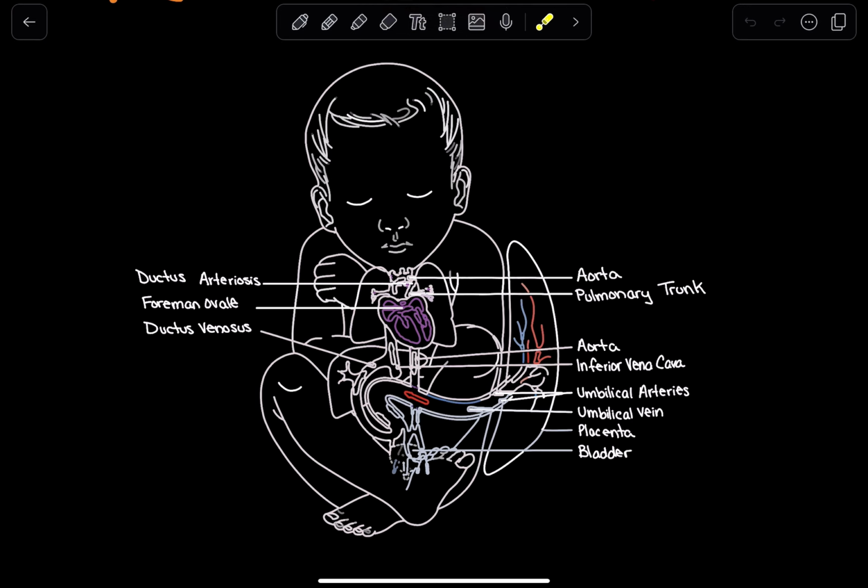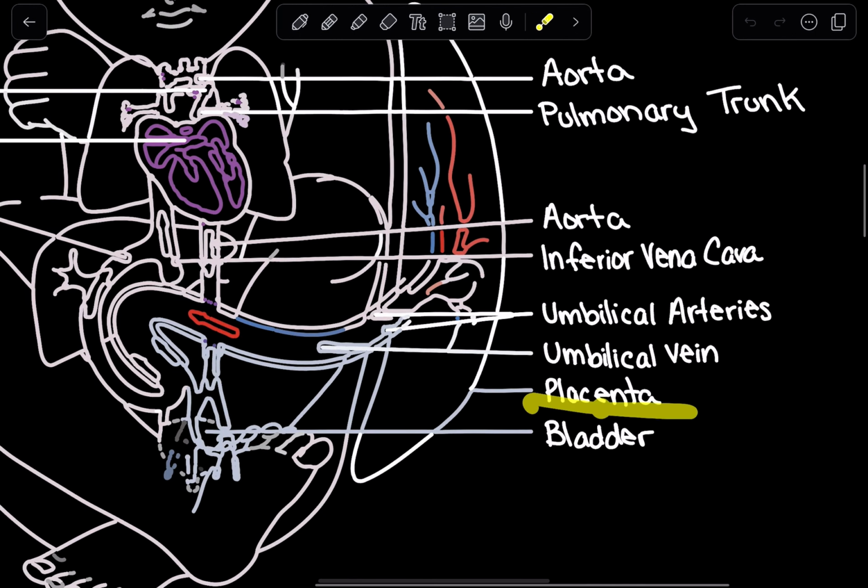Since it's growing in that fluid-filled environment, the lungs and other various organs of the fetus will not yet be fully functional, and the fetus will rely on the mother for oxygenated blood, nutrients, and then the transportation out of deoxygenated blood. So the process all begins with this vascularized organ referred to as the placenta.